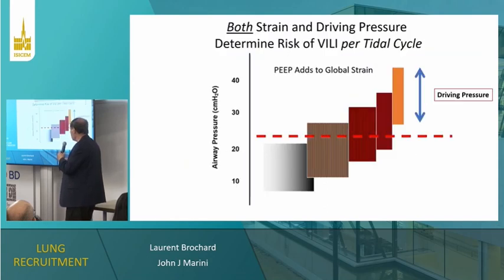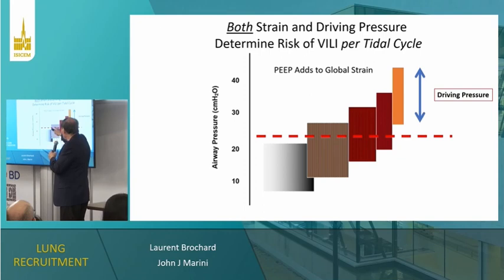Now, this is a topic that is more topical right now: if we look at strain and driving pressure, and we look at what PEEP does to the relationship of the driving pressure to total airway pressure, as we recruit more, we also put lung units that are already open in more jeopardy of higher airway pressures, even if we're using the same driving pressure.